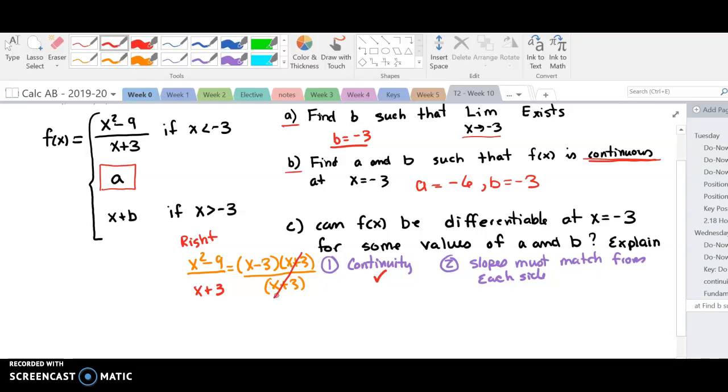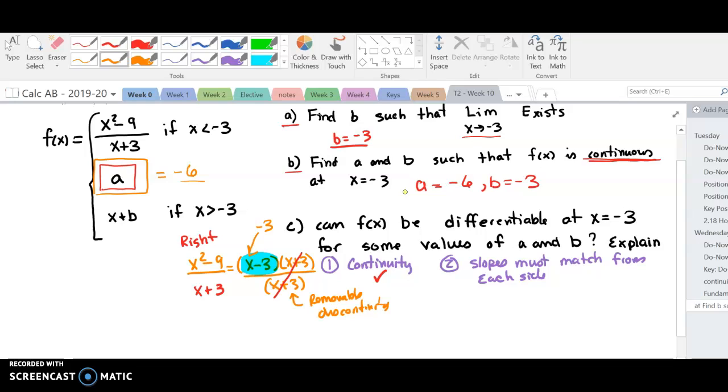This x plus 3 cancels out, meaning we really just have x minus 3, and we have a removable discontinuity, or a hole, and we filled in that removable discontinuity with a equal to -6. When I plug -3 in here, I also get -6. That makes sense because we found that we were continuous.